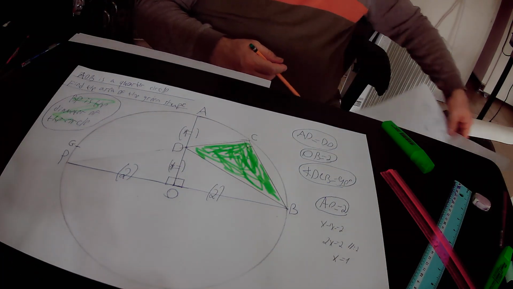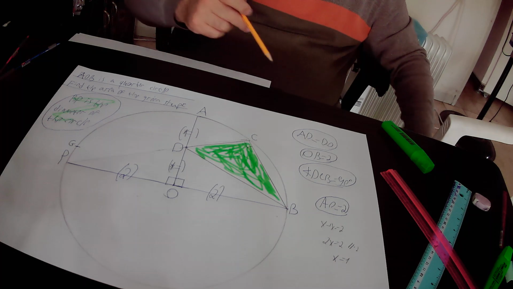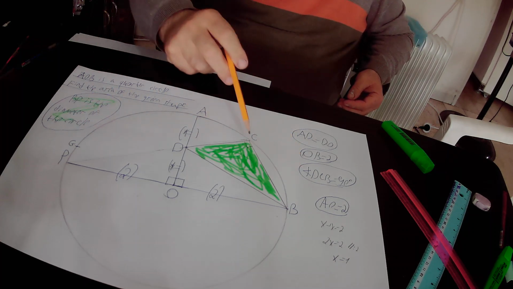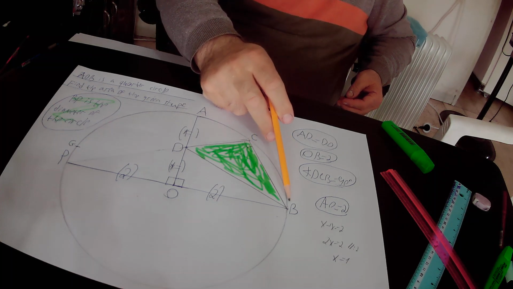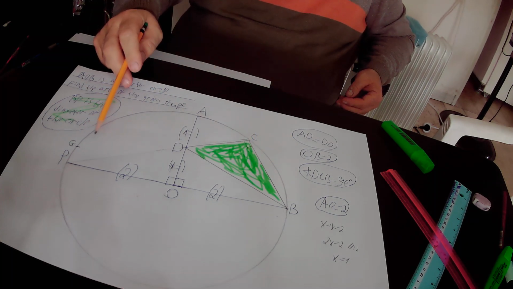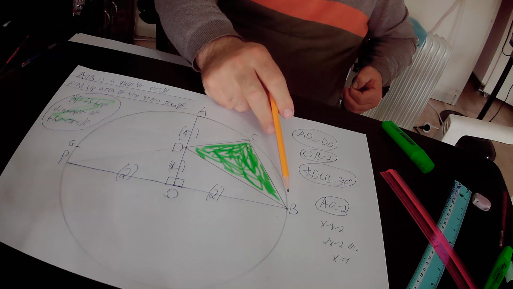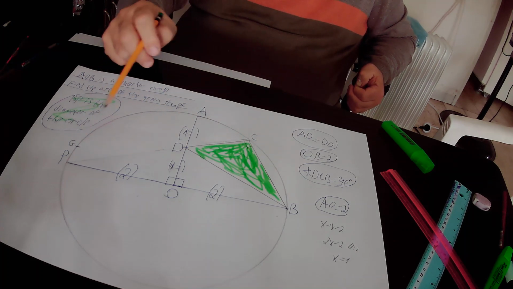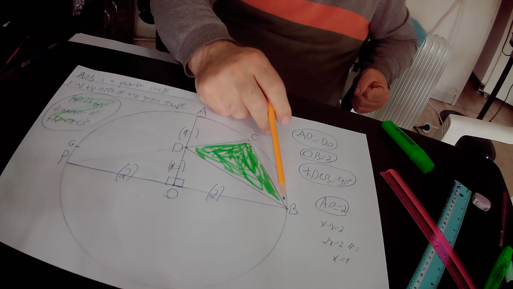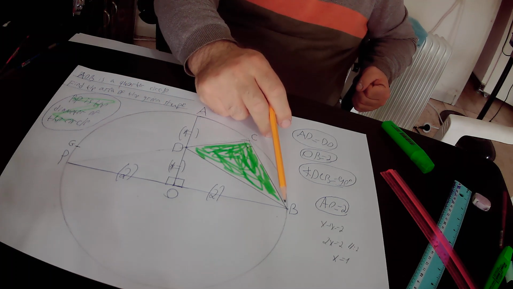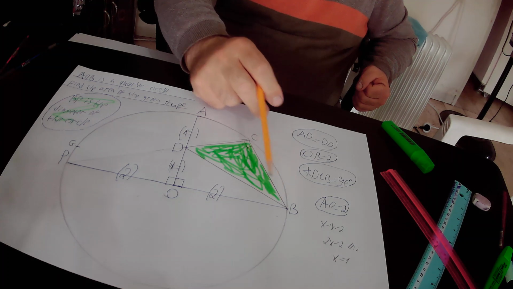But according to our assumption, peripheral angle BCG that is equal to 90 degrees in size is subtended on chord BG. But the problem is that chord BG is not the diameter of the circle. Why? Because from point B we have only one diameter in this circle, that is the diameter BP.